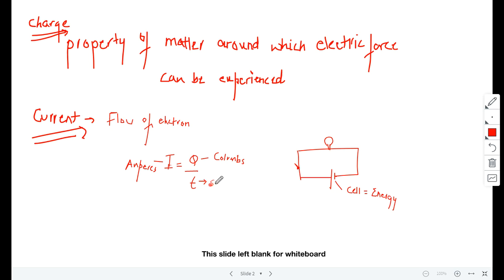So like if in a question it's given: calculate the charge when 12 amperes of current flows for 2 minutes. When 12 amperes of current flows for 2 minutes, you have to calculate charge. How can you calculate this?